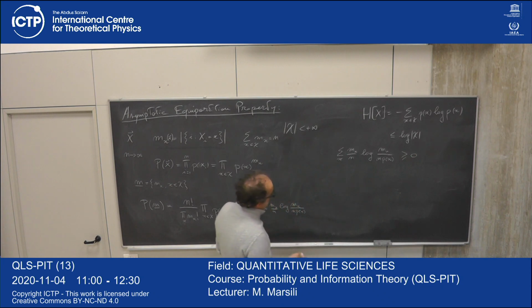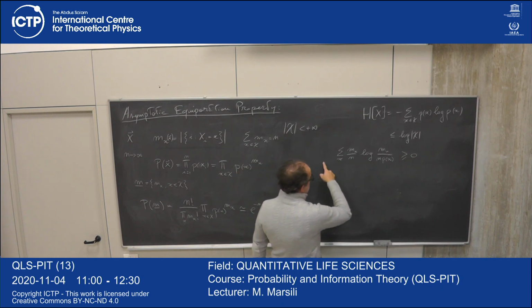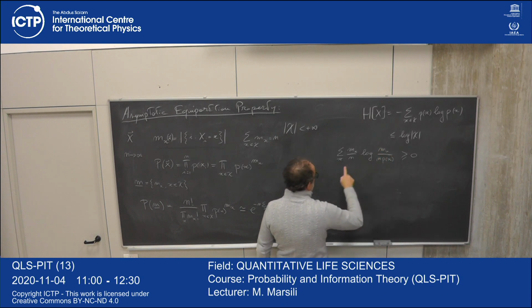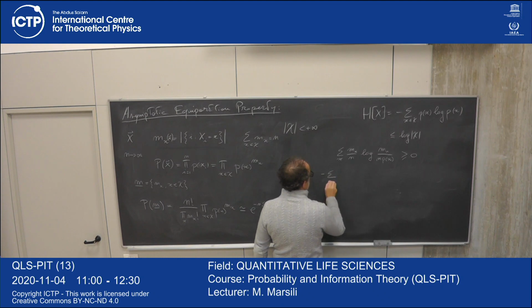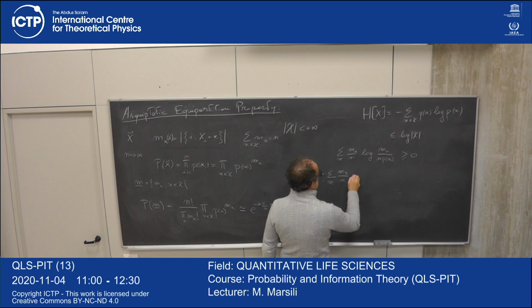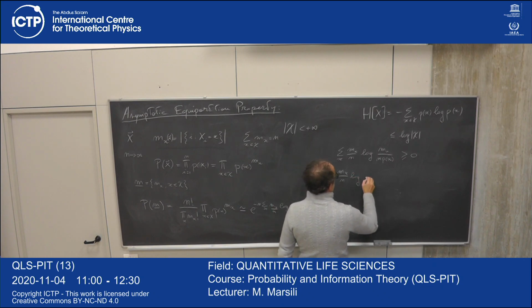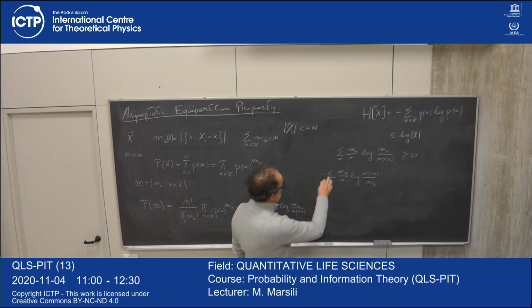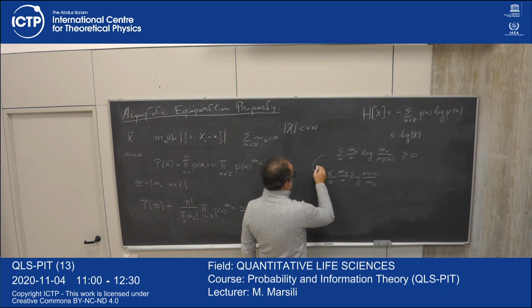So how do we do this? Well, let me invert this ratio here and take a minus sign. Okay, so minus the sum over x of m of x divided by n times log of n p of x divided by m of x. So I just rewrote this thing.